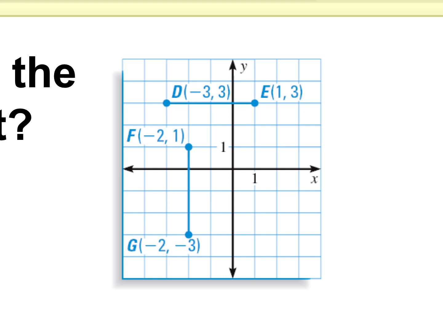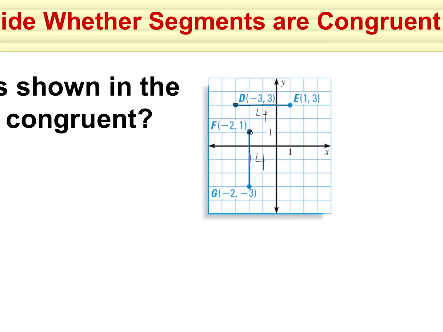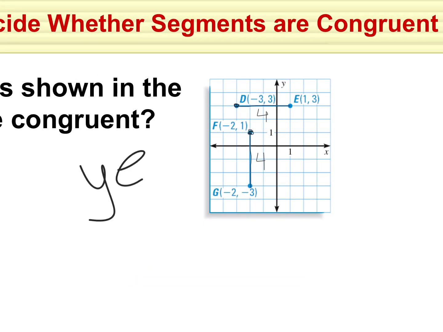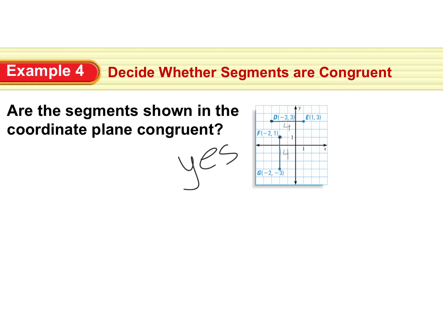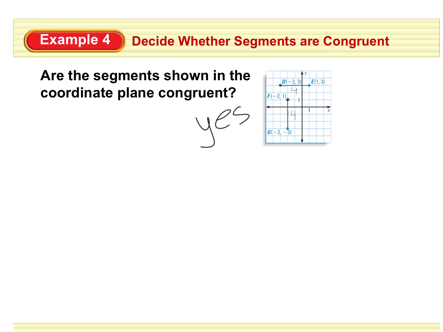So I'm on D, and I'm starting here, and I count over. 1, 2, 3, 4. So that segment is 4. Now I'm going to start on F, and I'm going to count down. 1, 2, 3, 4. They are both 4, so what does that mean? They are congruent. So the answer is yes, they are congruent.